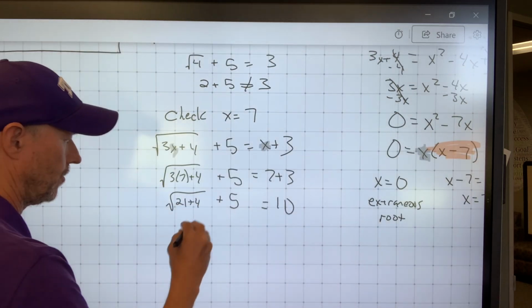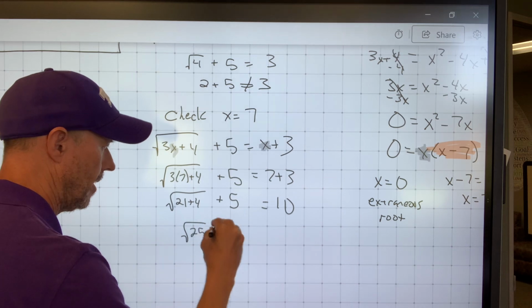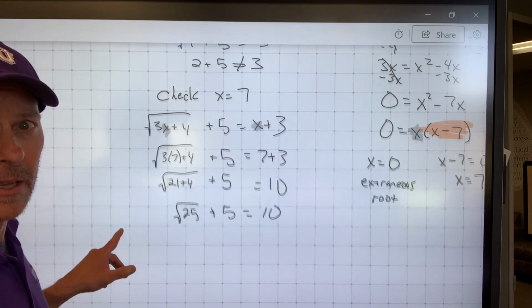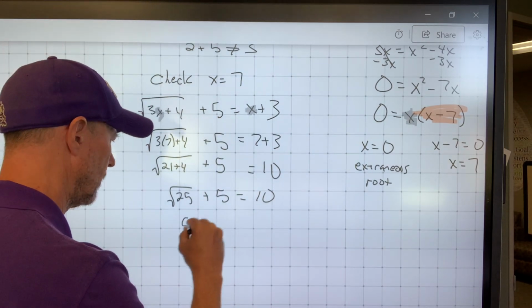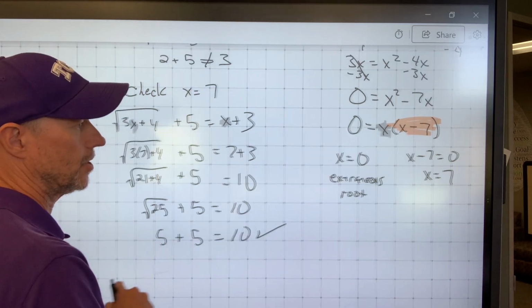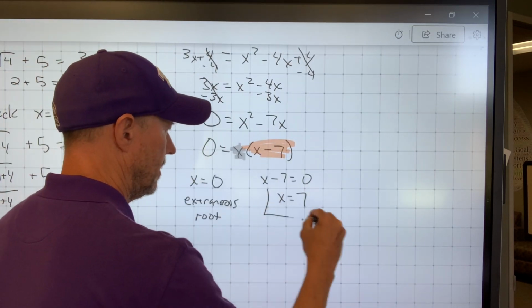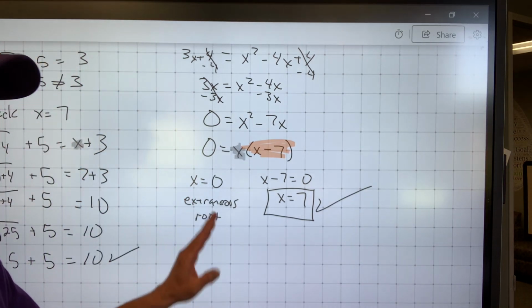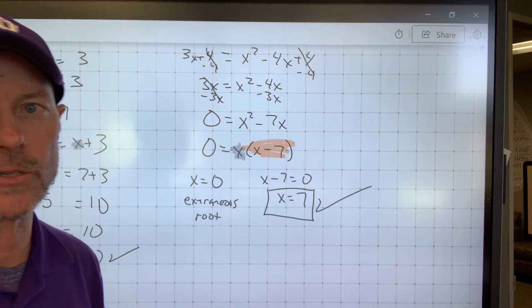Well, 21 plus 4 is the square root of 25. I can see this is going to work because the square root of 25 is 5, and 5 plus 5 is 10. That one checks. So x equals 7 did check. That's our solution. This is an extraneous root. It's not a solution to the equation we were trying to solve.